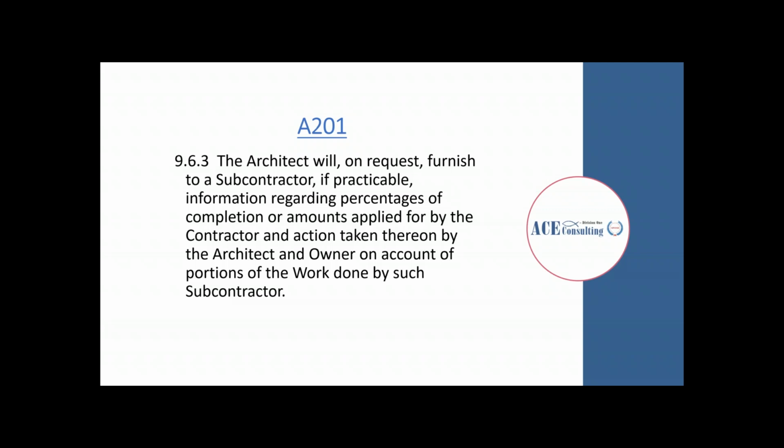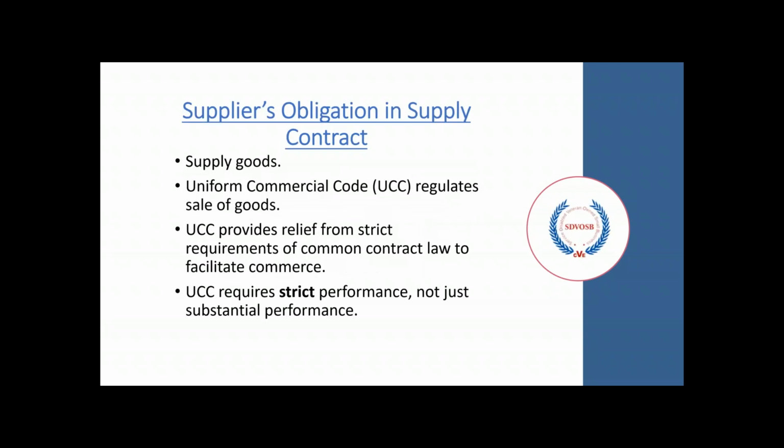If the subcontractor is struggling to be paid and they have submitted that they're 50% complete, they have the right to ask the architect how much the general is saying. They may find the general is only claiming 25%. That could be the explanation of why the cash flow is struggling.